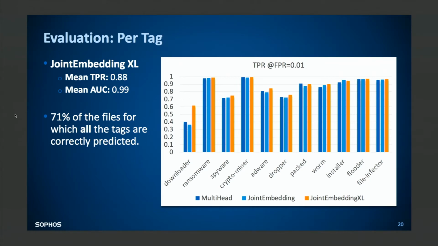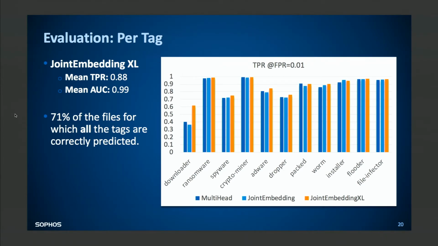This is because when we extract the tags and create our labels, we have this positive relationship between samples and tags, but the converse is not necessarily true. If one tag is not present, it doesn't necessarily mean that the sample was not related to that tag, but it was not identified by the vendors as related to that tag.